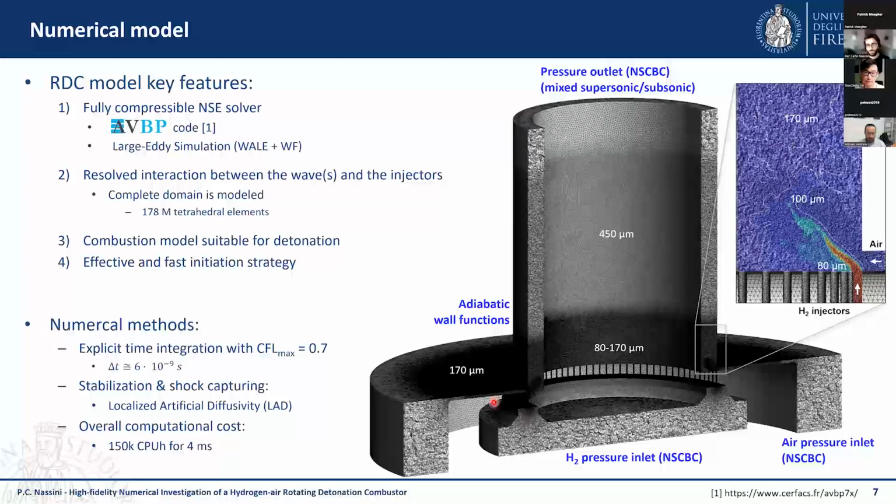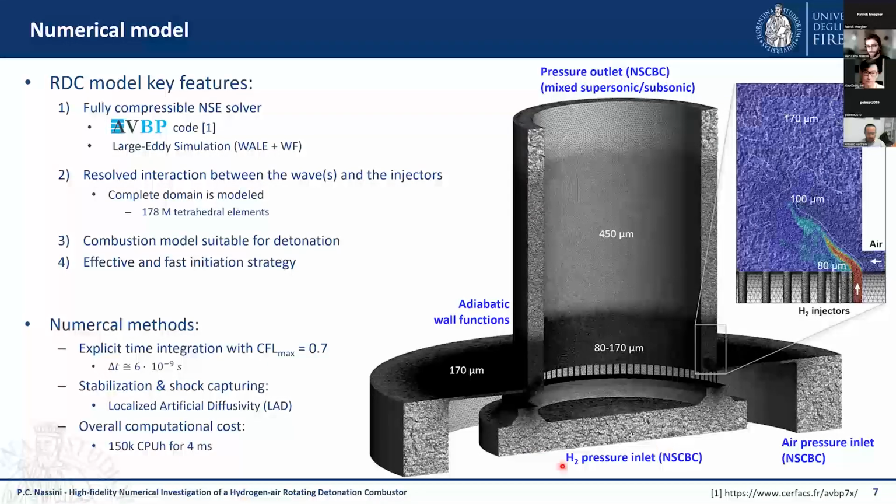So to properly solve the interaction between the wave and the injector, we need to explicitly solve the pressure feedback in the injector channels. This allowed us also to impose directly the pressures which are measured experimentally at the two different feeding plena.